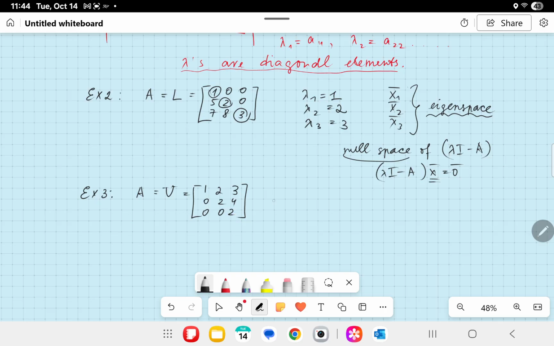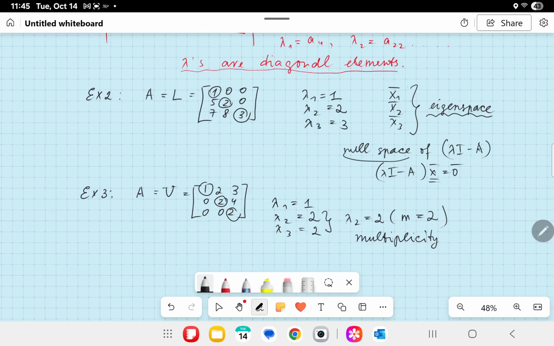I know that my lambda 1 equals 1, my lambda 2 equals 2, and my lambda 3 actually also equals 2, right? My diagonal elements are 1, 2, 2. We're going to say that lambda 2 equals 2 has multiplicity 2, repeated 2 times.